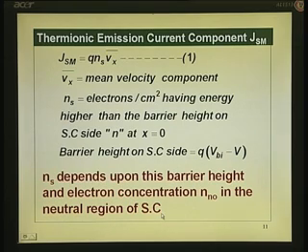I can quickly run through this now, because all the formulae are known to you. The only formula that you do not know, or were not applying, is JSM, the current due to the electrons injected from the semiconductor to the metal, which depends on the number of electrons, or electron density, near the surface at x equal to 0. Let me go back once.